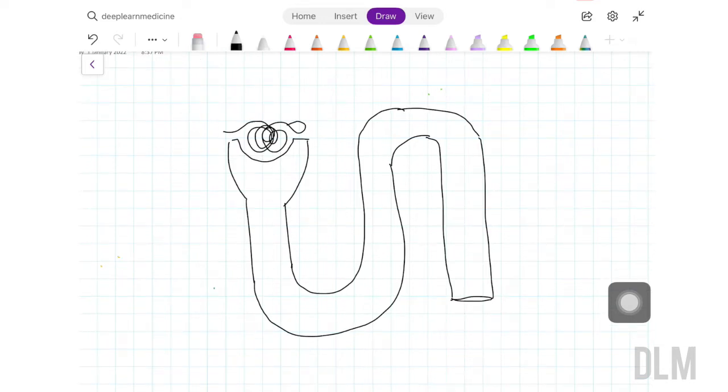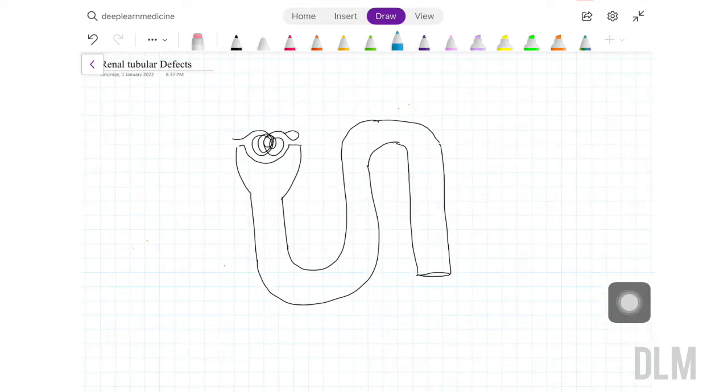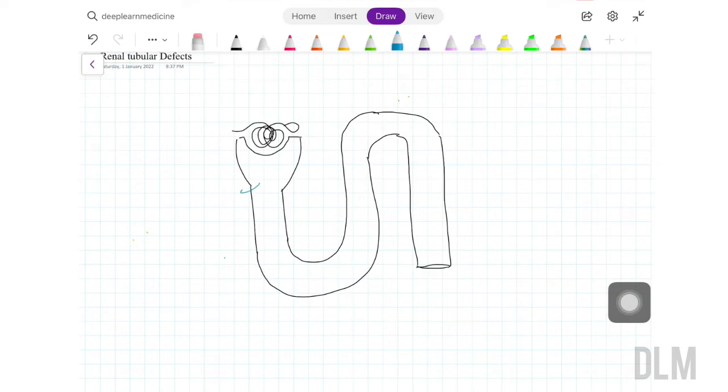We know that the job of the proximal convoluted tubule is to reabsorb amino acids, glucose, phosphates, and bicarbonate, right? So now we know the function of the proximal convoluted tubule.